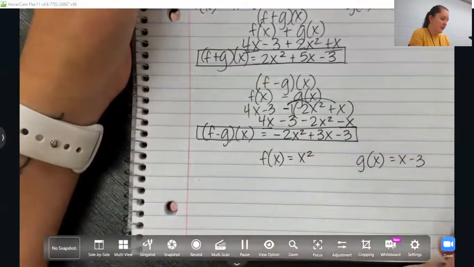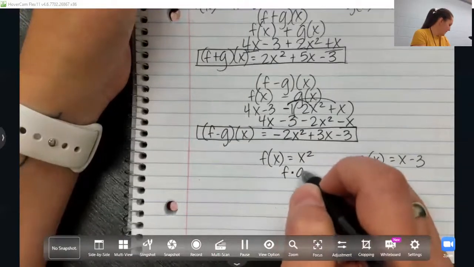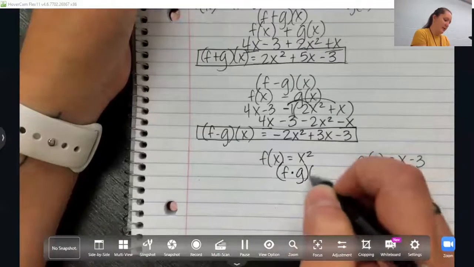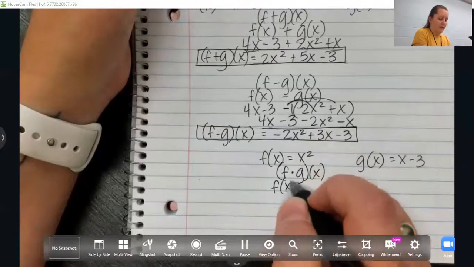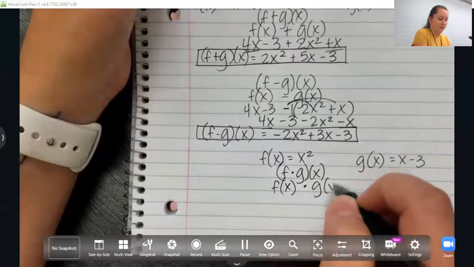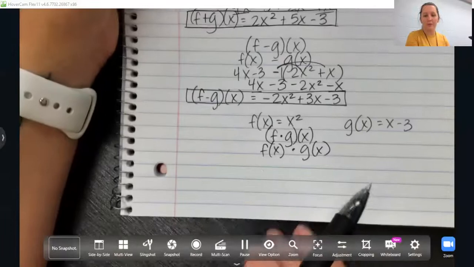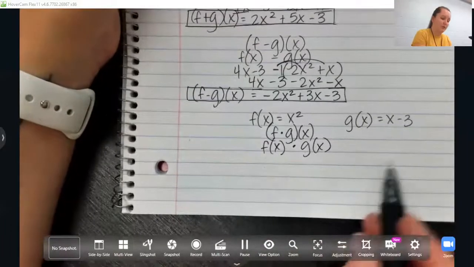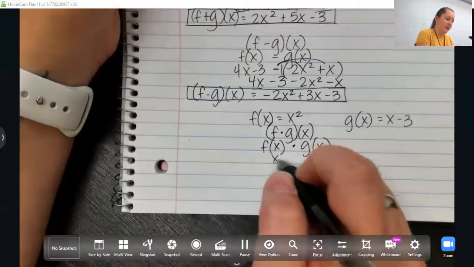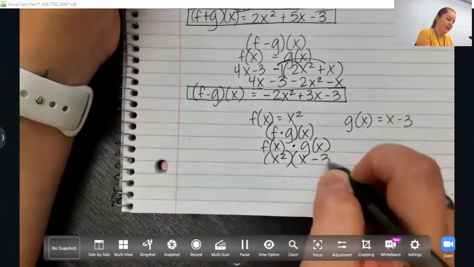So when we are multiplying, when it's f times g of x, then we can do this: f of x times g of x. These are just additional steps here. You don't have to write those steps down when you're actually working on them. If you know you're multiplying, you can go straight into multiplication. So I have x squared times x minus 3.